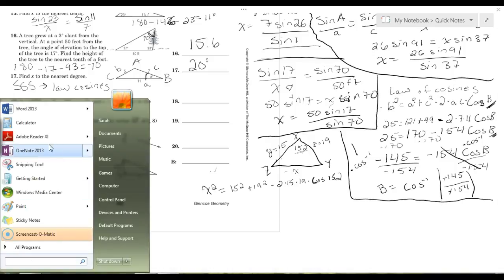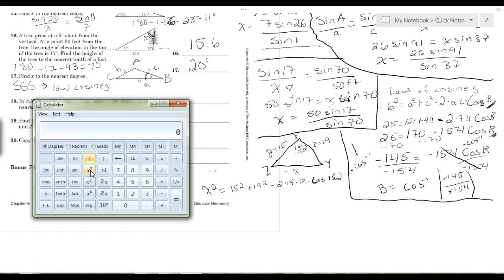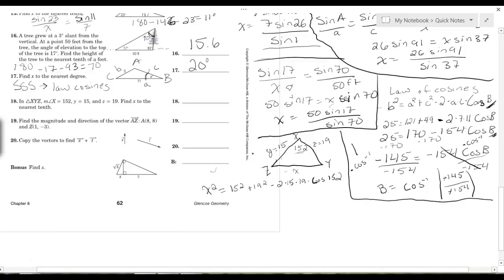So I'm going to bring up my calculator again. So 15 squared is 225. And 19 squared is 361. So 225 and 361. I'm going to go ahead and write those down.